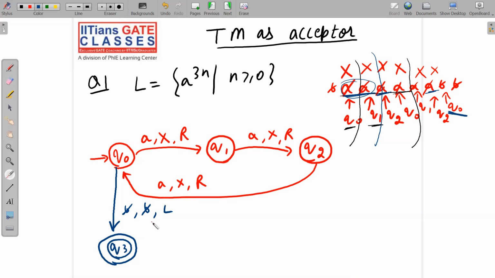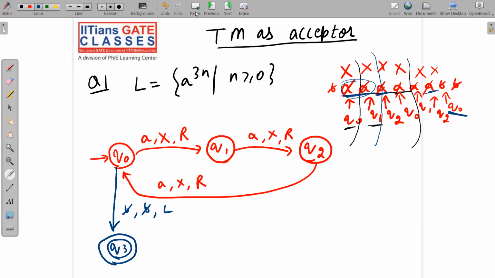So as soon as the Turing machine enters the final state, it will immediately stop and accept the string, regardless of whether it has read the entire string or not. Without reading the entire string, the Turing machine can accept the string. The only thing is it should move to the final state.